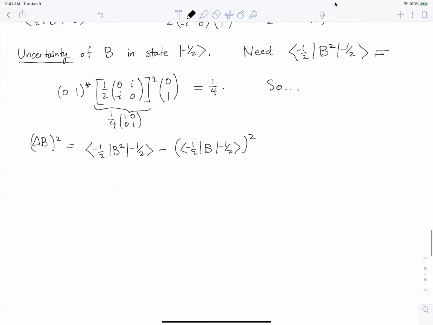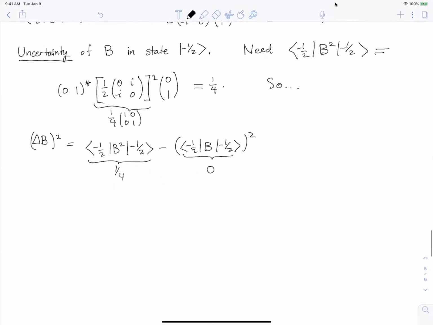Okay, and we just worked out that this is 1/4. And we also worked out that the expectation value of B in this example happened to be 0. It won't always be. So we get 1/4, and therefore the uncertainty in B is 1/2.